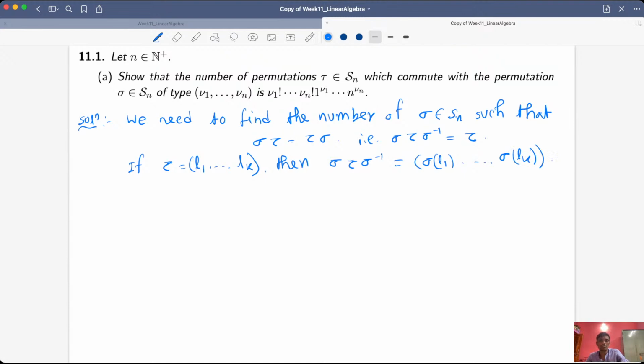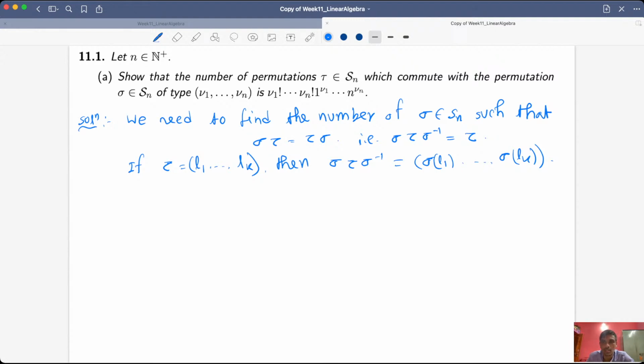Okay, it is easy to check. If anything does not belong to the support of sigma L1 up to sigma Lk, that means none of the sigma Li, then on the right side it just fixes that thing, and on the other side tau will not interact with it, because the support of tau is again L1 through Lk, so this still gives you the same thing.